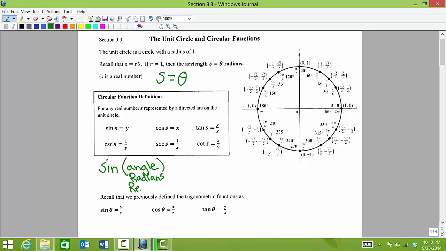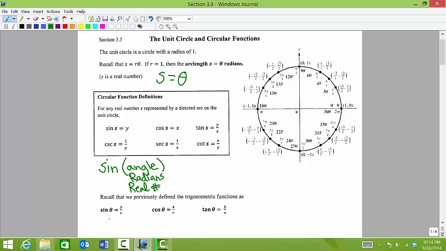What we said before was that radians are basically just real numbers without a unit. So now we have a real number S, so it's just a number. It's represented by a directed arc on the unit circle, so it's the arc length, which is equal to the central angle theta.